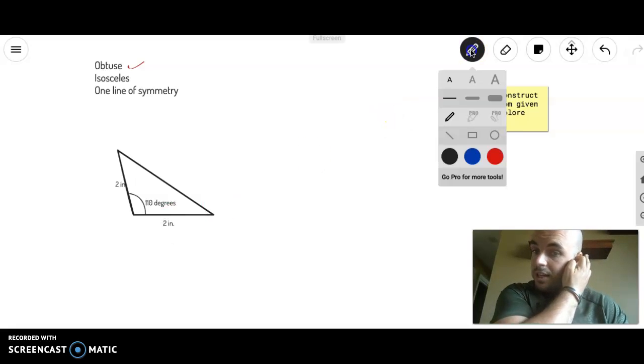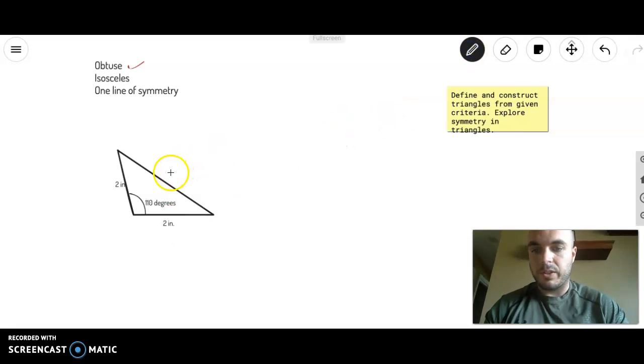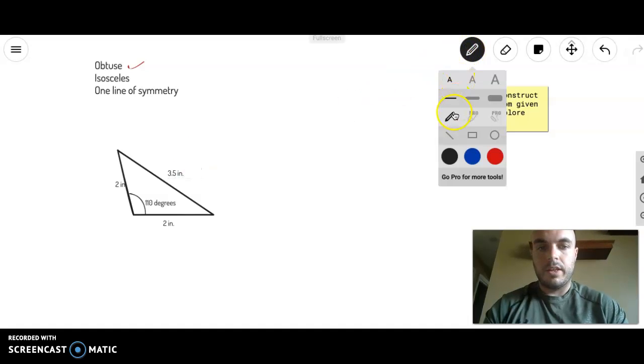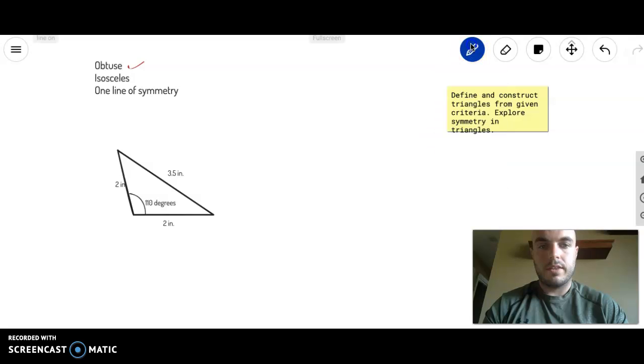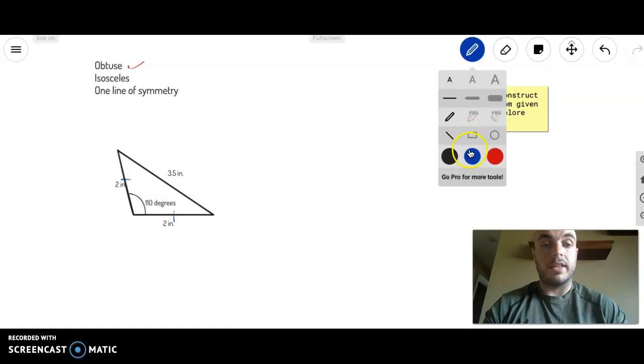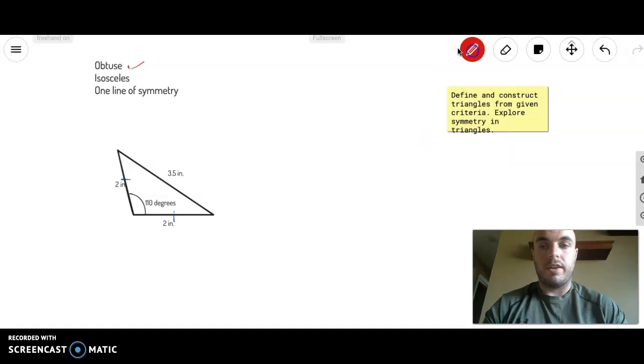So if both these sides are the same, and this one's clearly not, let's say this one here is about 3.5 inches. This would make this side and this side equal. Two sides being equal makes it isosceles, so I can check that off.